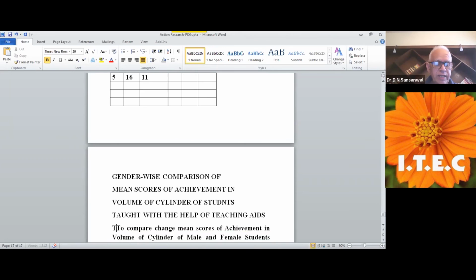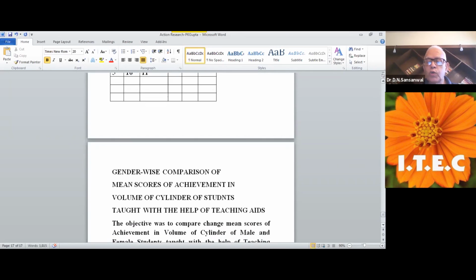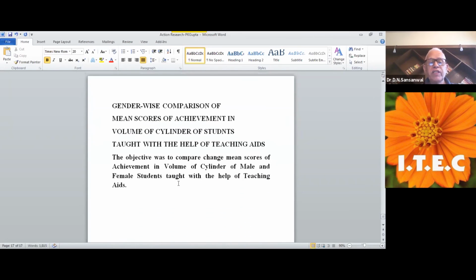Now then I'll say the objective was to compare mean scores of achievement in volume of cylinder of male and female students taught with the help of teaching aids.